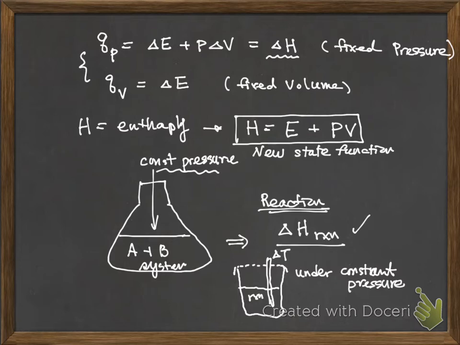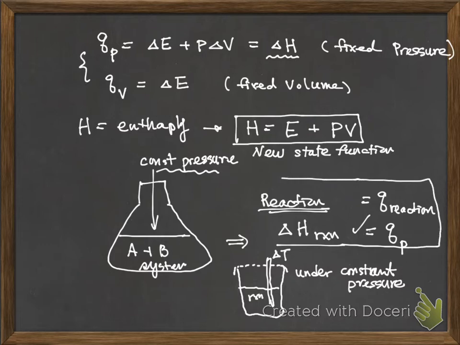Therefore, delta H of reaction is typically associated with constant pressure, and this is the heat given out by the reaction. So unless you're using an enclosed system, your reaction heat is going to be best described by the enthalpy of reaction.